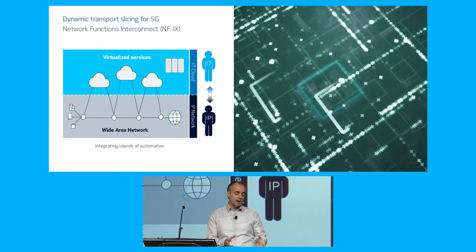So how do you automate networking in an environment like this? We solved the problem, right? We're good engineers, so we found a way to stitch those domains together. We introduced a data center gateway that does protocol translation between a VXLAN world and an MPLS or segment routing world.